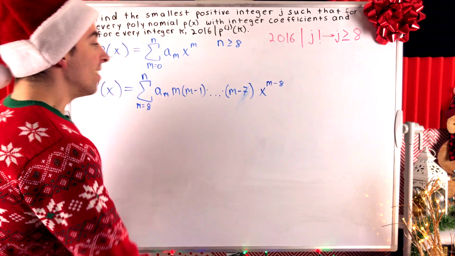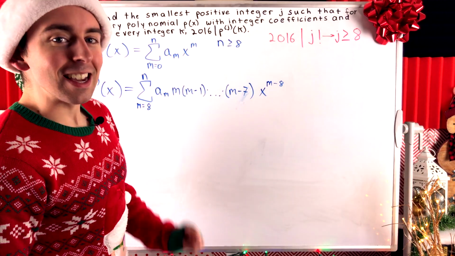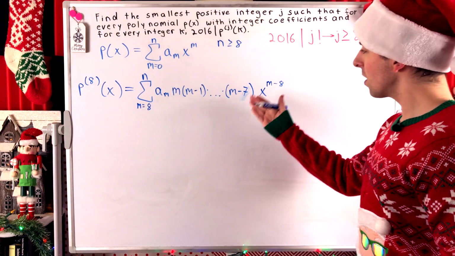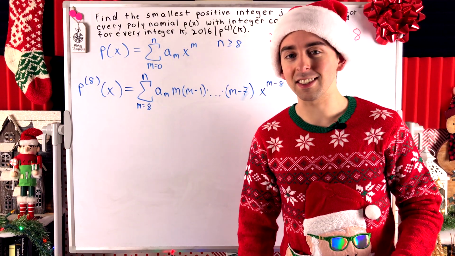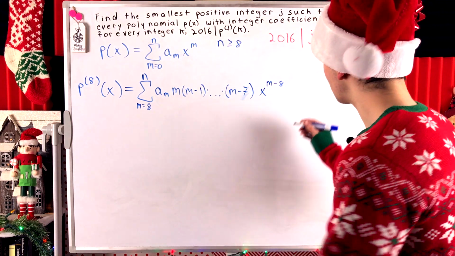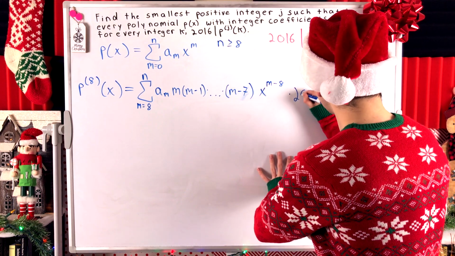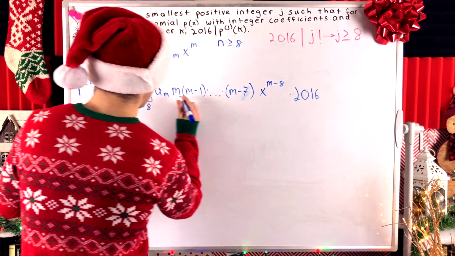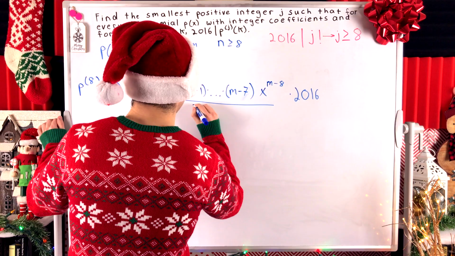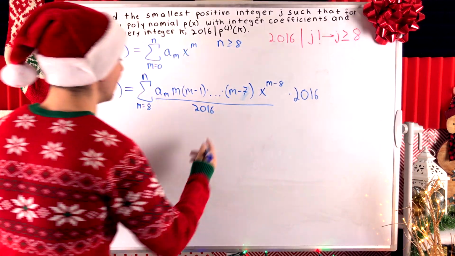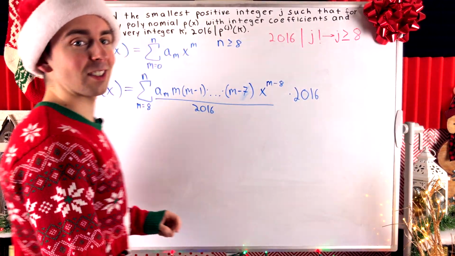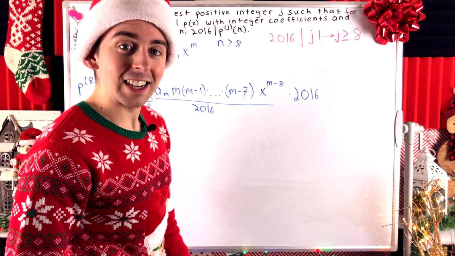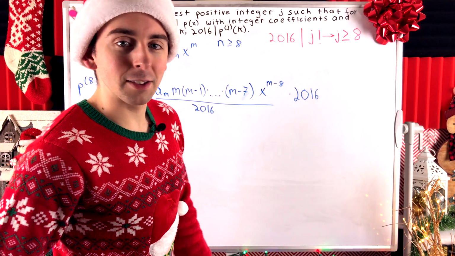Now all that remains is to show that this has to be divisible by 2016. Okay, then to show that this is divisible by 2016, you might think, wouldn't it be nice if we could just factor out 2016 from every term, and then every term would have a value that is its current value divided by 2016, and then hey, we've written it as a multiple of 2016, so it's divisible by 2016.